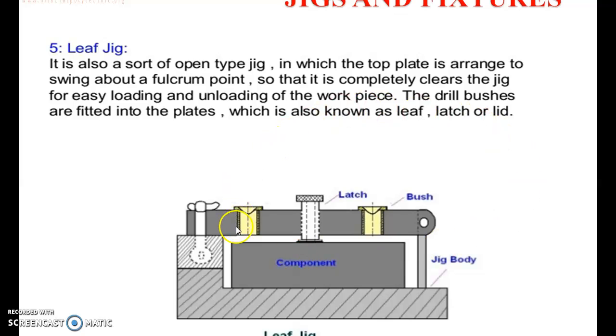Thereafter we close this lip and again put the clamp on, and after that the bushings are used to guide the drill. So this is all about your lip jig.